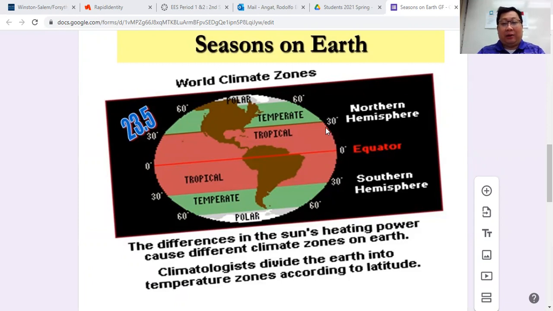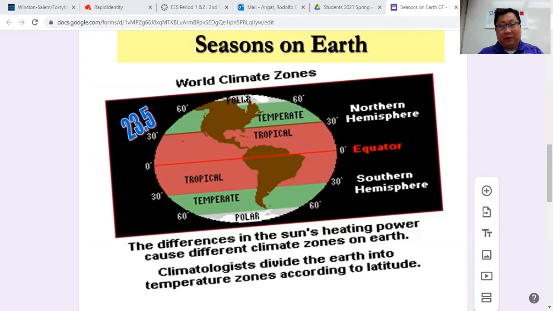As you go higher or as you go away from the equator, both north and south, sunlight hits Earth more at an angle, which causes sunlight to be more spread out. So the higher you go, the more spread sunlight is when it hits Earth. So the more spread it is, the less heat that the region receives.